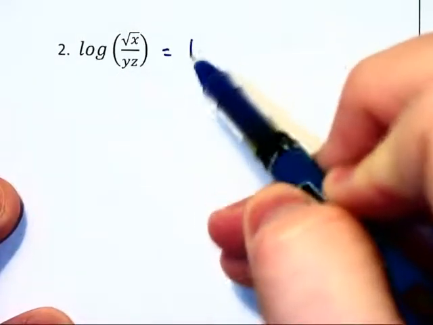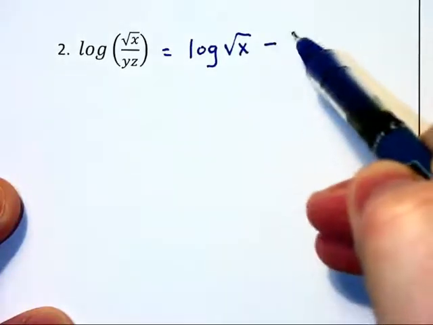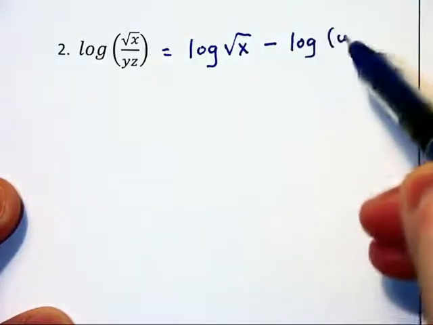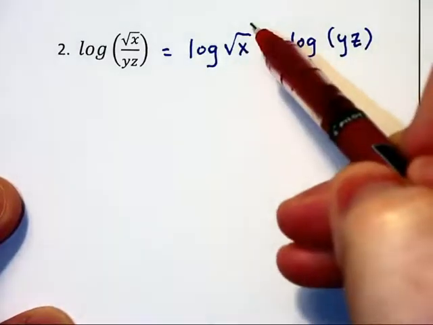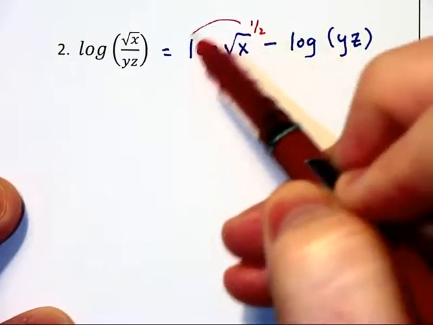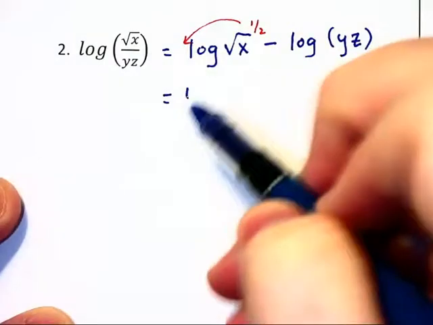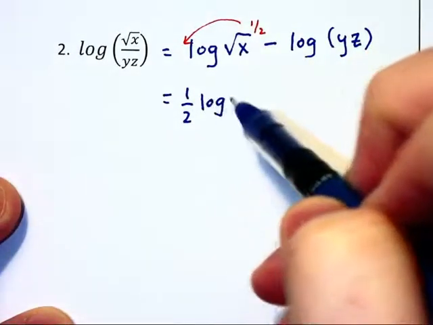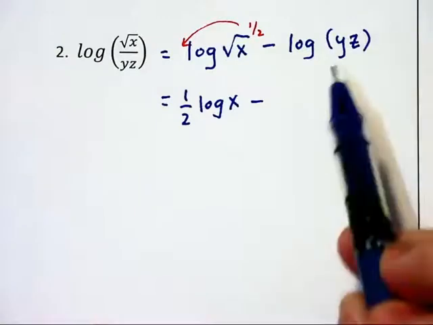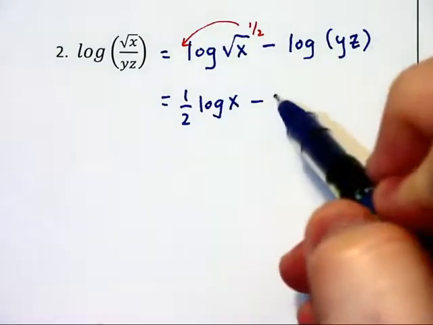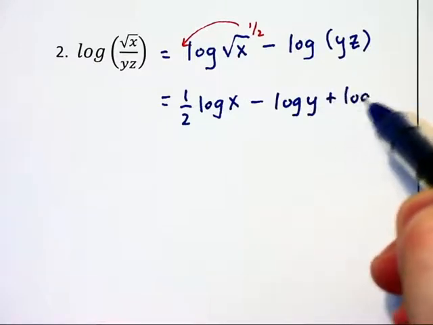For number 2, we see a quotient, and that turns into subtraction. So we will have the log of the square root of x minus the log of yz. Now that square root we can actually think of as being a 1/2 power, which can be brought out front. And so that turns into 1/2 log of x minus, and this is where we sometimes get into some trouble. People see multiplication and they want to write log of y plus log of z.